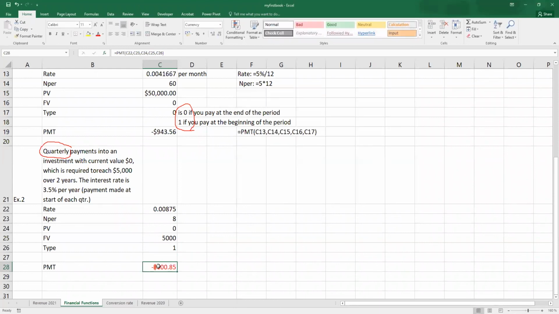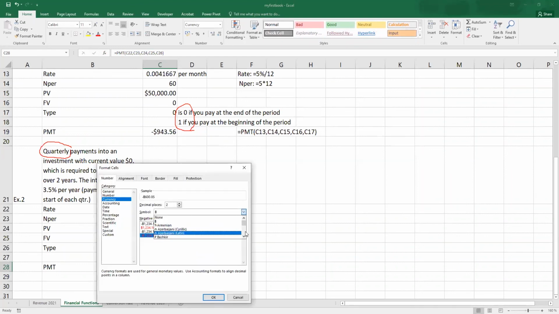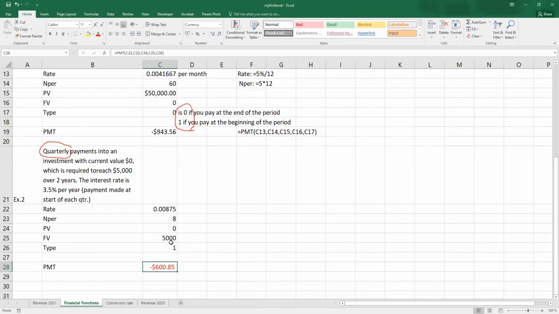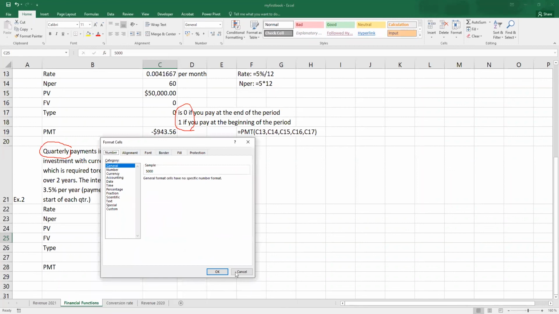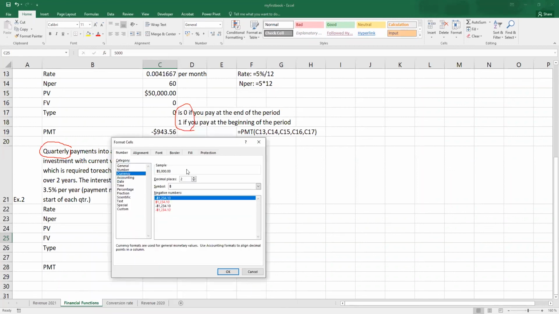Okay, so in this one I just set up the cells to be shown as US dollars. Currency, right, okay.